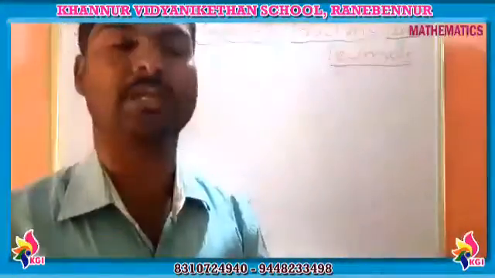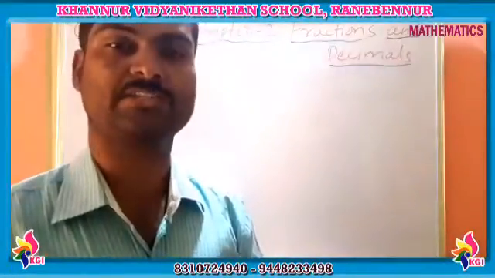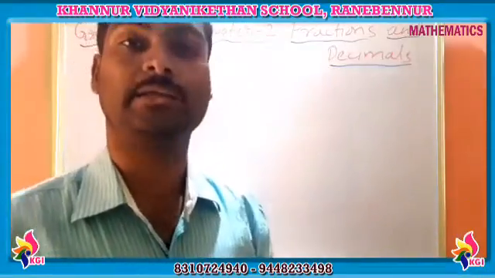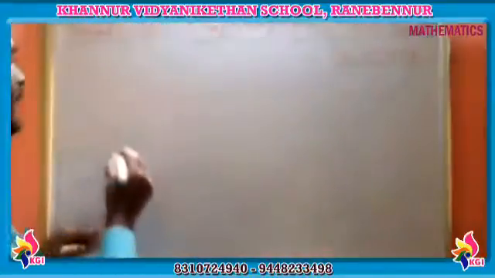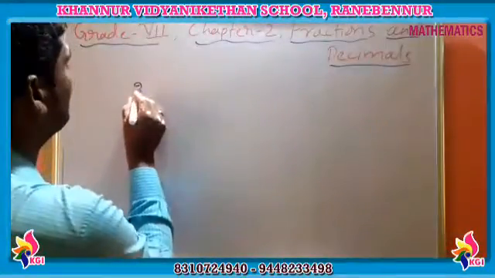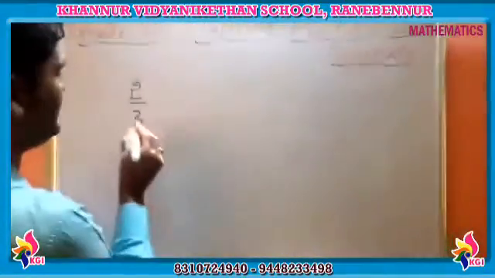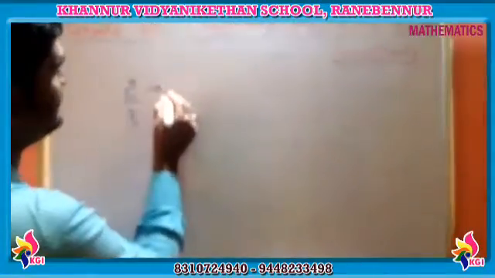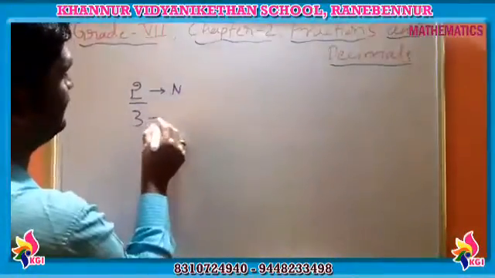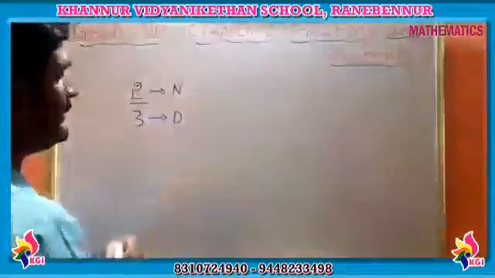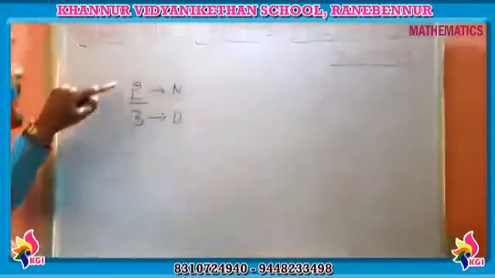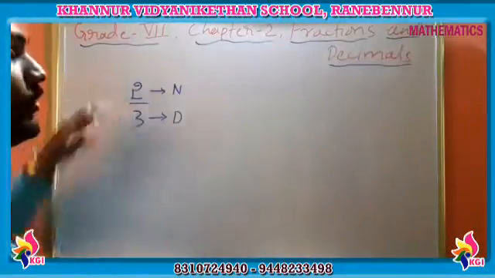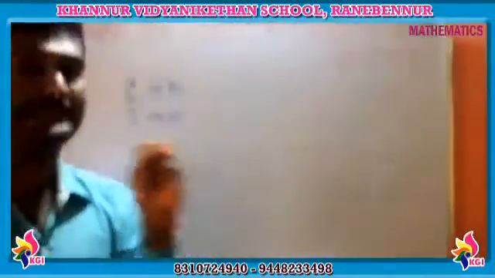Okay, so children, as you know, fractions are written in the form of p by q. So what is that p by q? If I write 2 divided by 3, 2 we call the numerator, and 3 we call the denominator. The numerator says how many parts have been considered.